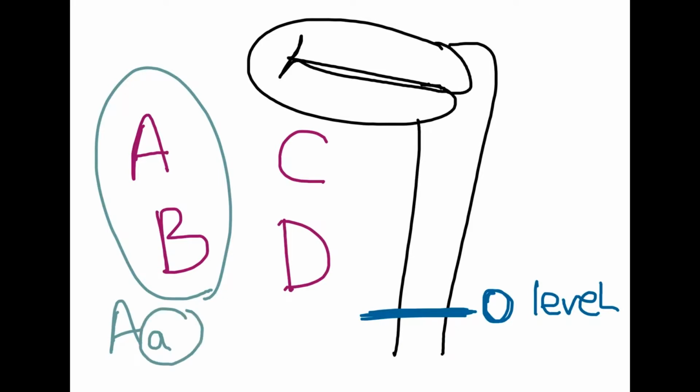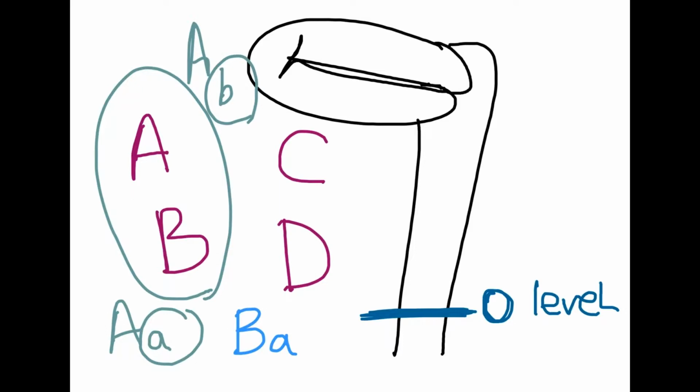And when we say B sub A, we are speaking about point B, which is placed on the anterior vaginal wall. And when we speak about A sub P, that's point A, which is placed on the posterior vaginal wall.